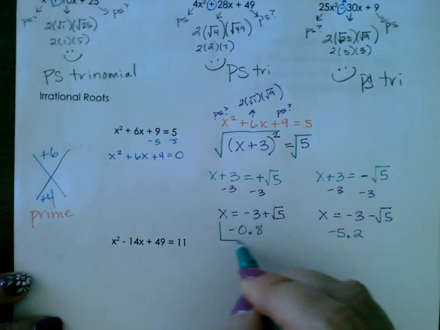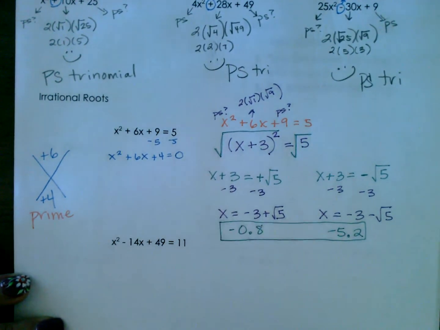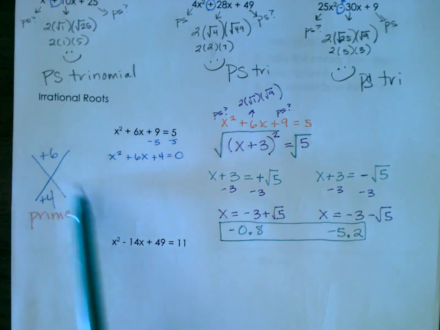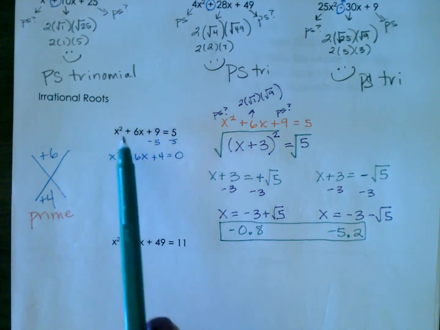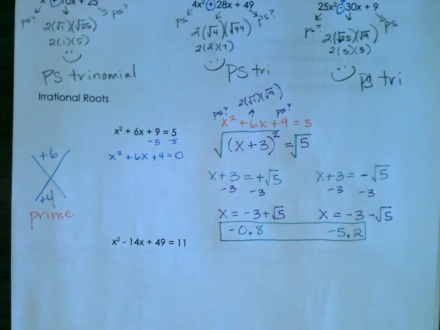These would be on my graph now where the parabola would cross the x-intercepts, before we called it prime because we didn't know how to factor it. Now we're going to use the perfect square trinomial square root property and solve some of these.